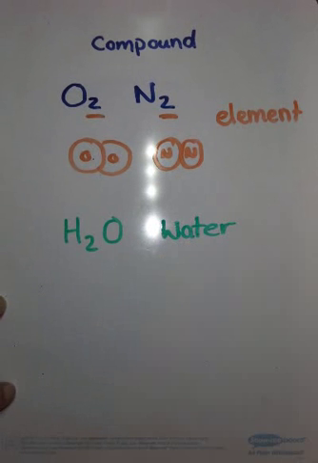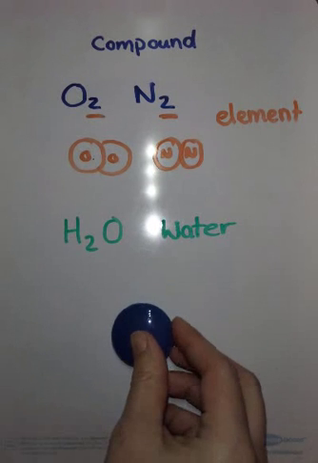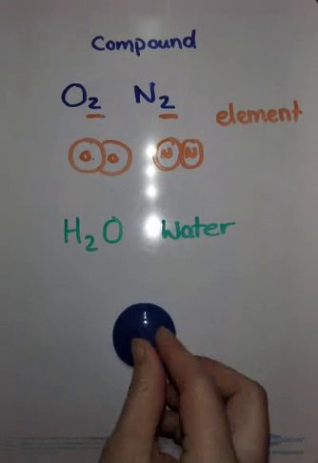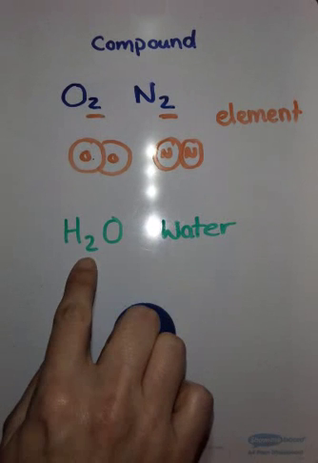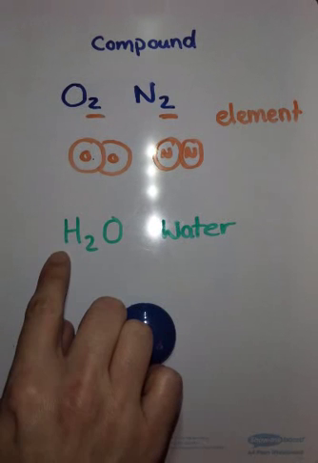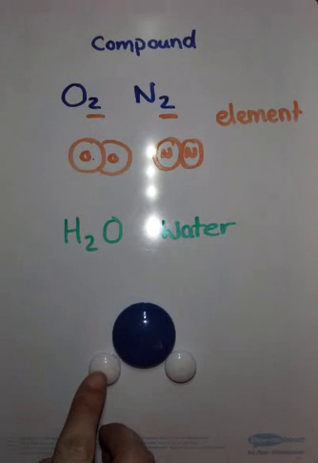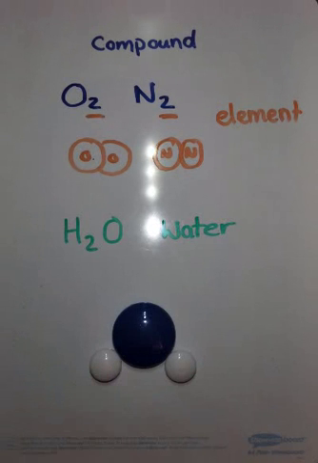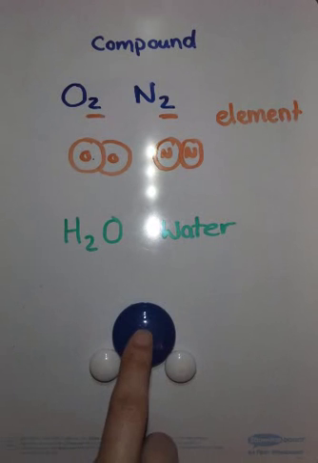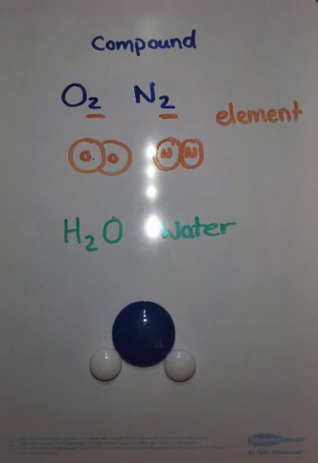If we look at water, we've essentially got one oxygen atom, and the number 2 here tells us we've also got 2 hydrogen atoms. So one oxygen and 2 hydrogens. That tells us that these 2 elements are chemically combined in a fixed ratio of, for every one oxygen atom, we have got to have 2 hydrogen atoms to create the compound.